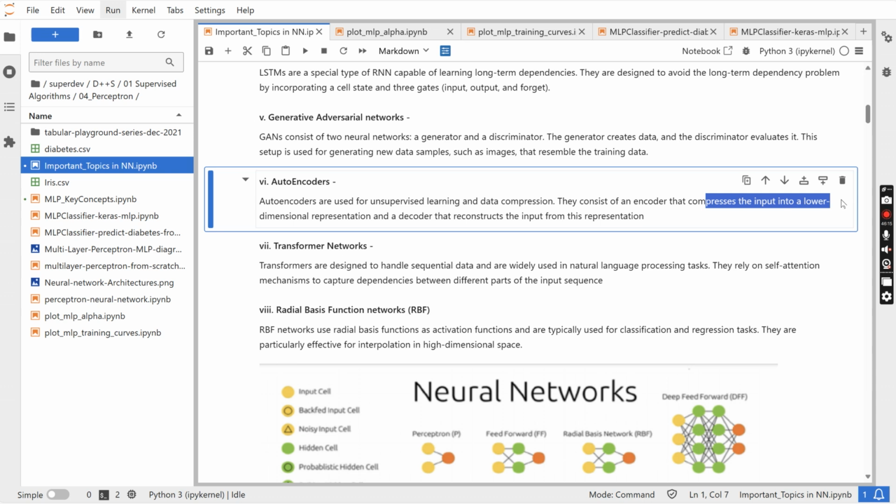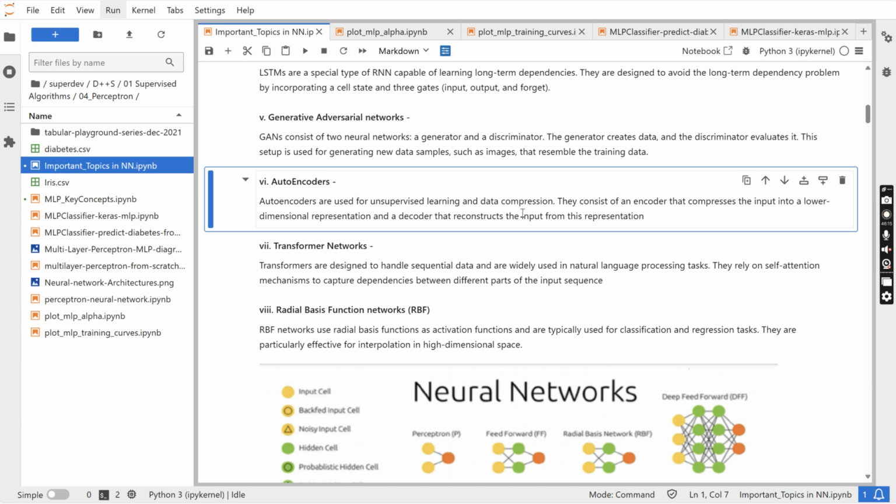They can compress the input into a lower dimensional representation. Autoencoders have two different mechanisms. One is called an encoder, another is called a decoder. The job of the encoder is to compress the data, and the job of the decoder is to reconstruct the data. So basically the encoder will compress the original input that was given to it.